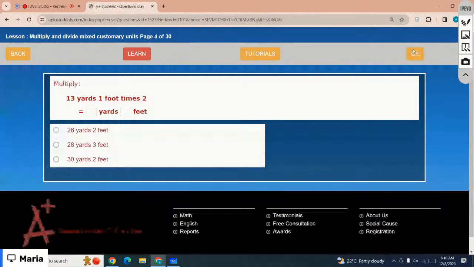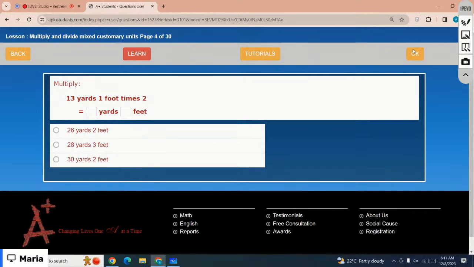Okay, the next one is 13 yards, 1 foot times 2. You have to multiply by 2. So which is the correct option? The correct option is yes, that is 20 yards and 2 feet.